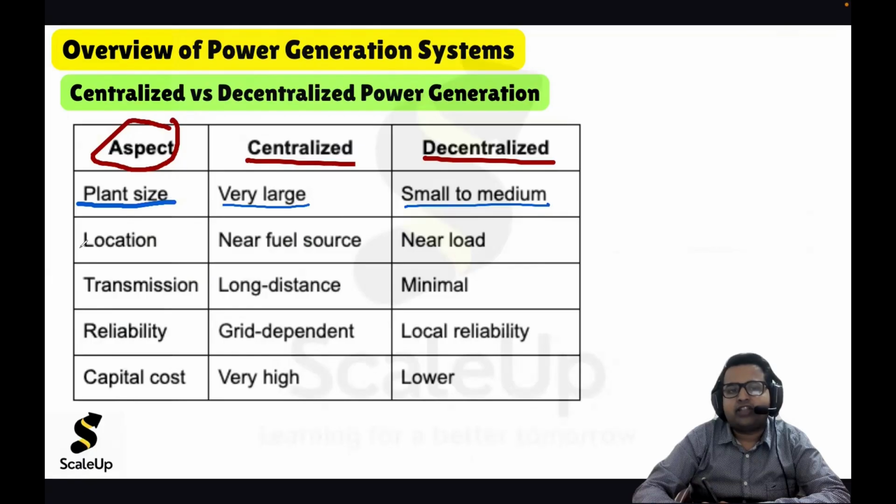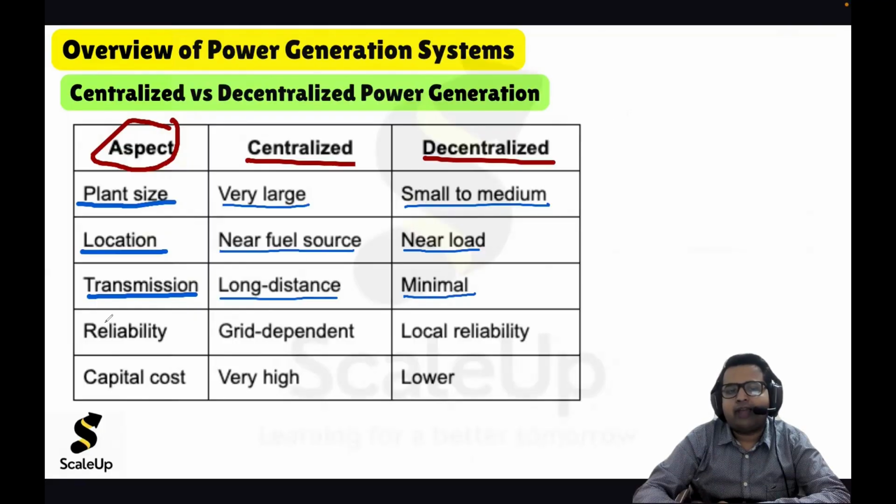If I talk about location, centralized power generation is located near fuel sources, and decentralized power plants are located near load. If I talk about transmission, centralized power plants involve long distance power transmission, and for decentralized power plants, the transmission is minimal.